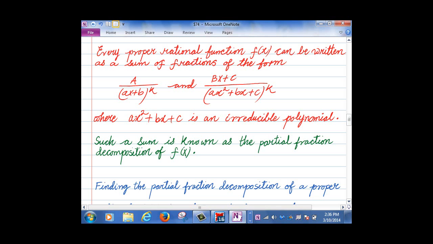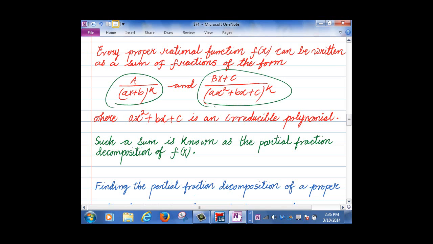Now, what type of fractions? Well, each summand either looks like this or this, where in the second case the quadratic is an irreducible quadratic. Is that making sense?